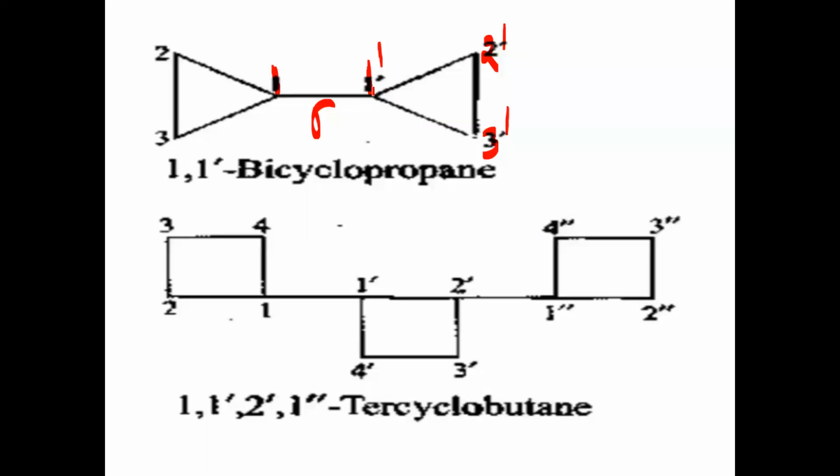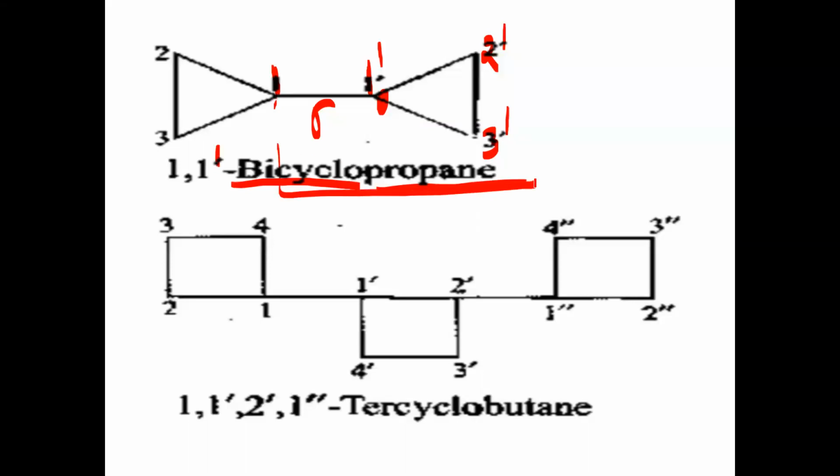Why have we given 1 dash here? This carbon is directly linking to this carbon, so the directly linking carbon should be given position 1. Now the sigma bond is connecting which carbon atoms? 1 of this ring and 1 dash of this ring. So 1,1 dash bicyclopropane.